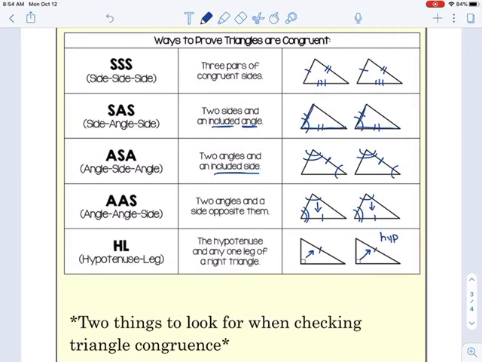And then one leg. Again, it doesn't matter which leg you use. Your legs are the sides that make up the right angle. So I'm going to say this one and this one. So that's hypotenuse leg. Again, if I decided I didn't want to use that leg, I most certainly could have used this leg here and that leg there.